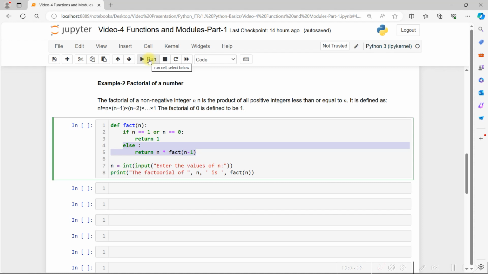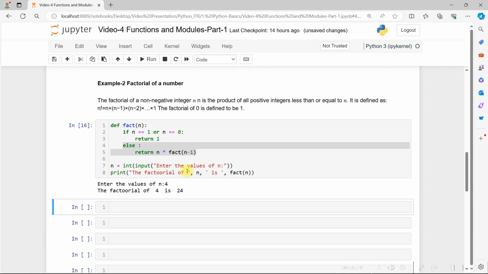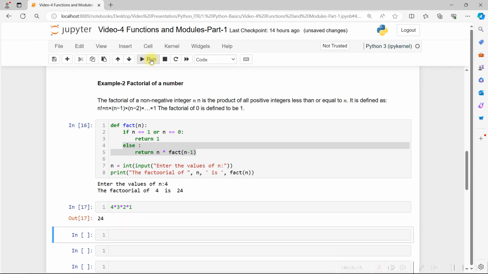So let us run this program. We will write 4, enter. The factorial of 4 is 24. Let us cross check it: 4 into 3 into 2 into 1. So what will it be? It will be 24. So we have got the correct answer by the recursive function.